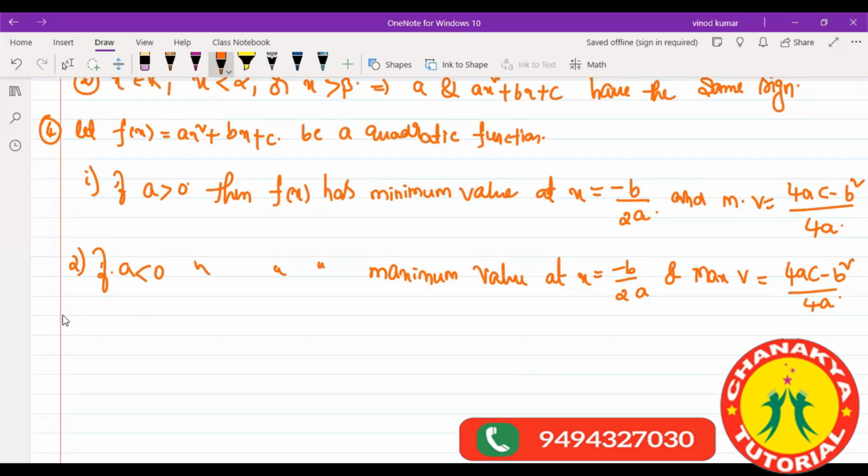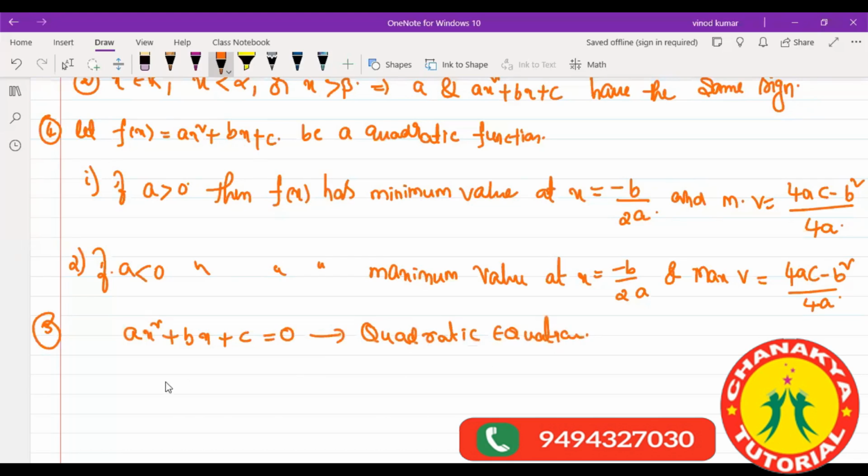Here, ax square plus bx plus c equal to 0 is a quadratic equation. Suppose there is less than 0, or greater than 0, or less than or equal to 0, or greater than or equal to 0.